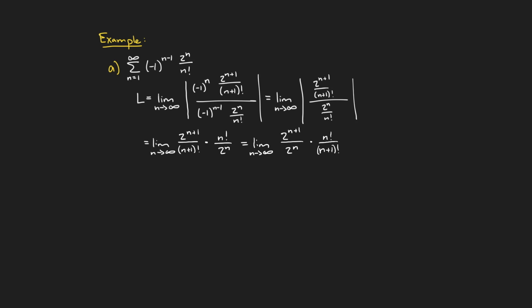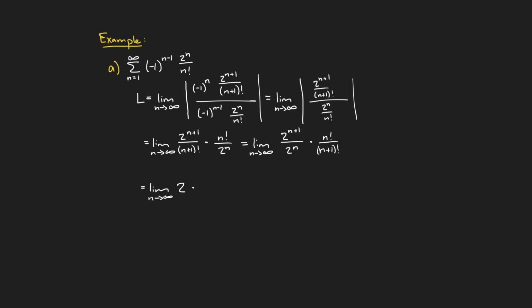And now we see that quite a bit cancels. In the fraction with the exponentials, we have n+1 factors of 2 on top and n factors of 2 on the bottom. So all but one of them cancel, and we're just left with 2. And in the fraction with the factorials, we have n factorial on top, which is 1 times 2 times 3 all the way up until n.